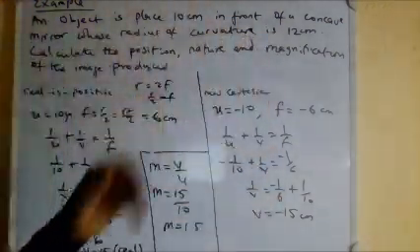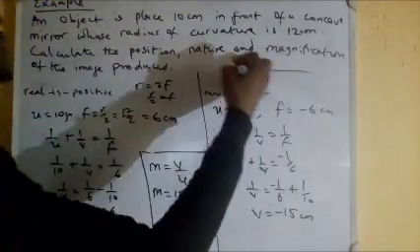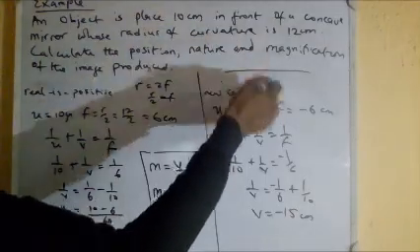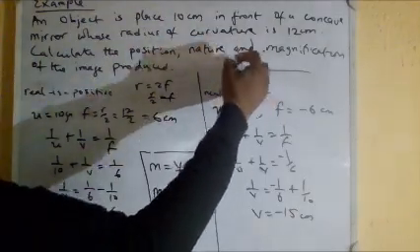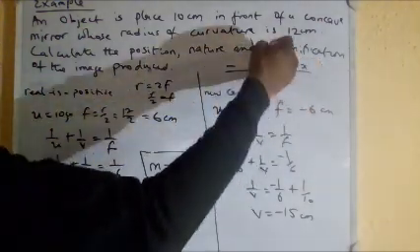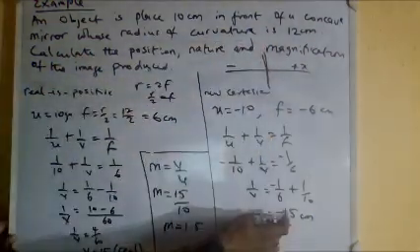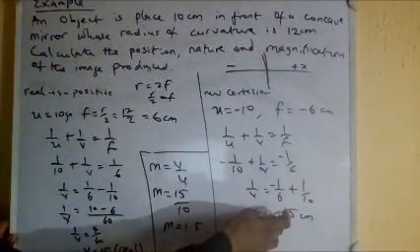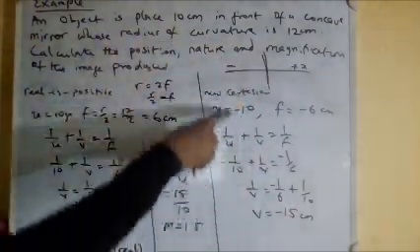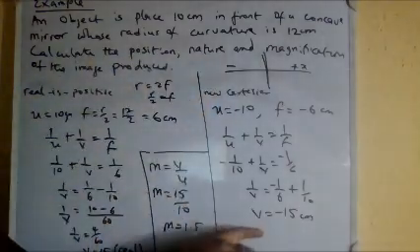You know, the Cartesian plane is like this. Remember what I said before this question. This is minus and this is plus in the Cartesian plane, and the mirror is here. So this minus 15 here tells us that this image is formed on this side, and this side is the same side as the object. Minus. So this image is real.